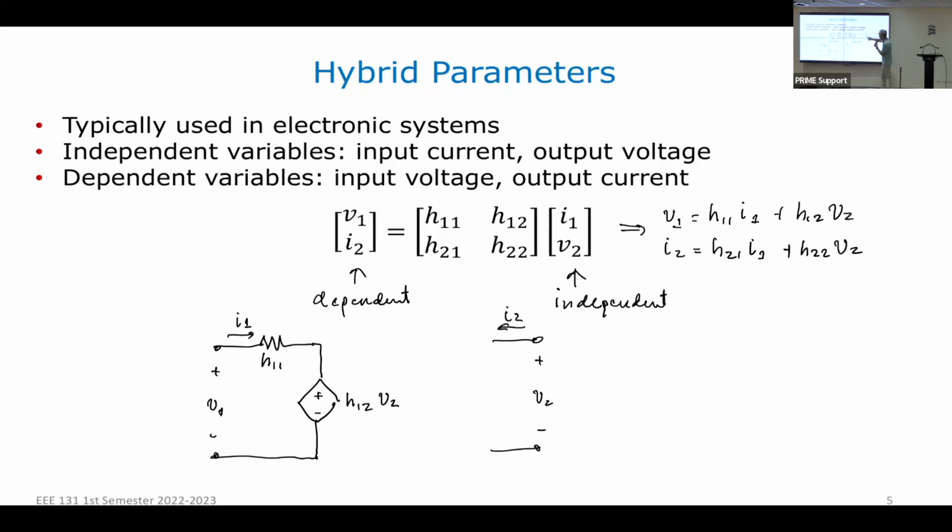Okay? Dito muna tayo sa H22 V2. H22 converts a voltage to a current. So what is H22? What type of element is H22 if it converts a voltage to a current?